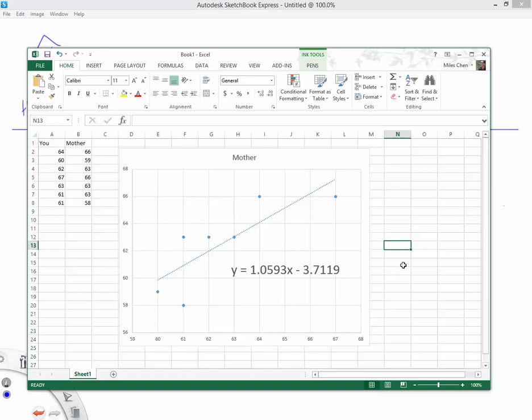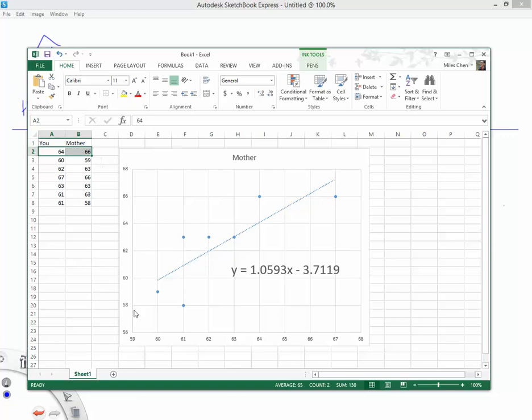Okay, so let's look at a data point here, right? I have this first one, 64 for you and 66 for the mother. So 64 is right here, so I got this data point's right here.